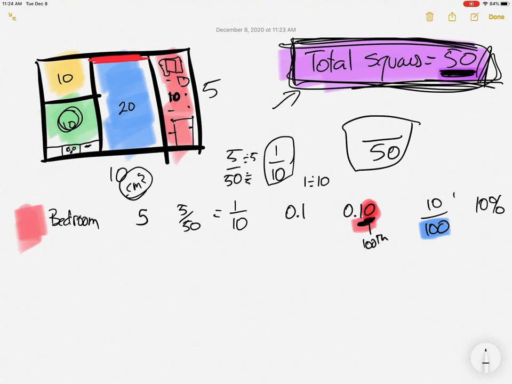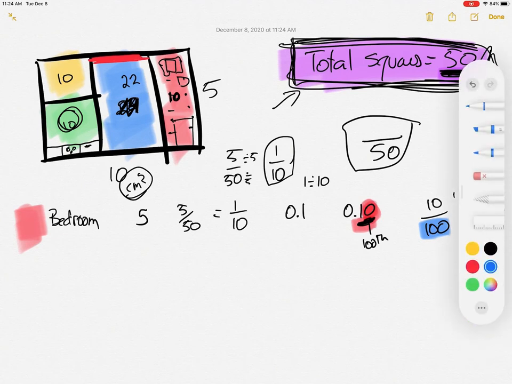Let's modify this so it's a little bit harder. Let's say this blue room was 22. As a demonstration, it's not going to affect my project because I don't have a project. So let's run it. The blue is the living room.